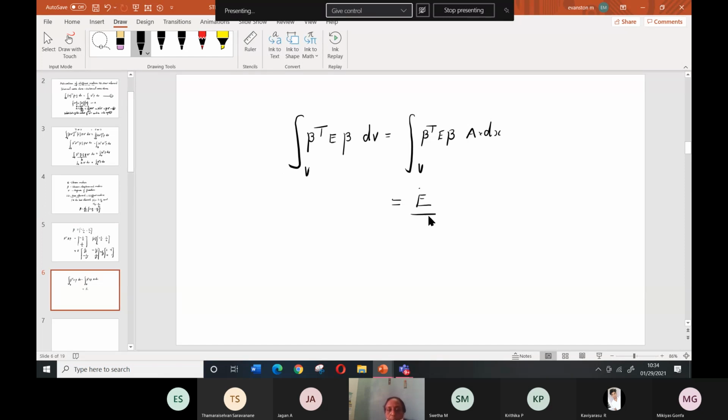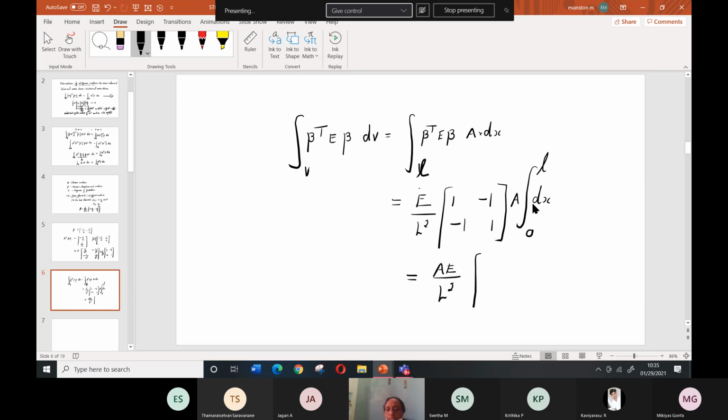E by L square into the matrix 1, minus 1, minus 1, 1, into the integral of dx, which varies over the length L. That is equal to AE by L square into the integral of 1 dx. The integral of 1 is equal to x.